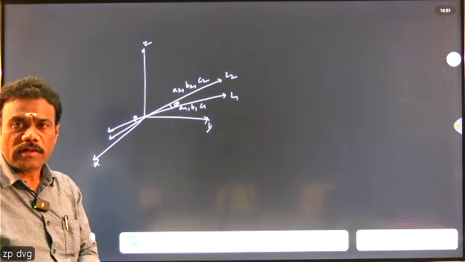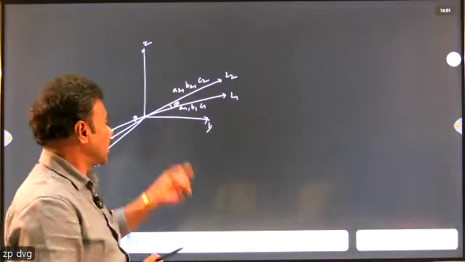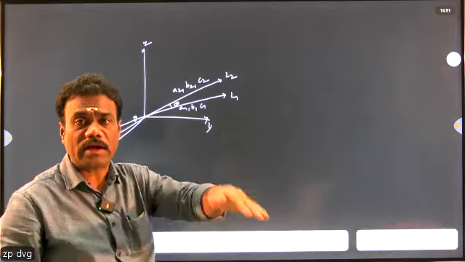Already we have discussed in vector algebra how to find the angle between two directed line segments, that means the angle between two vectors.